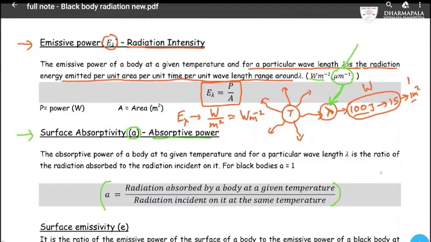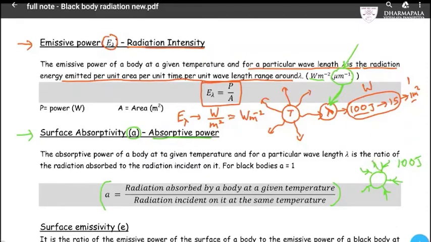For example, if you take a certain object, the thermal radiation is incident on it.